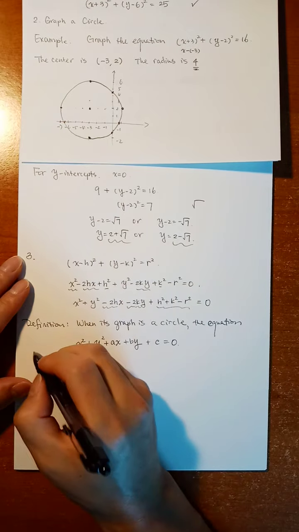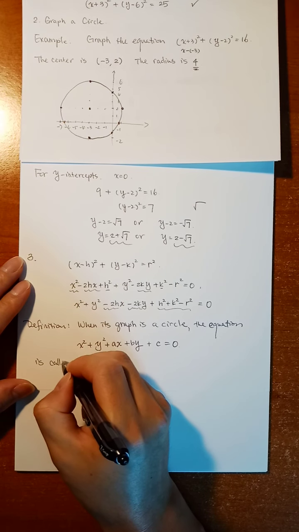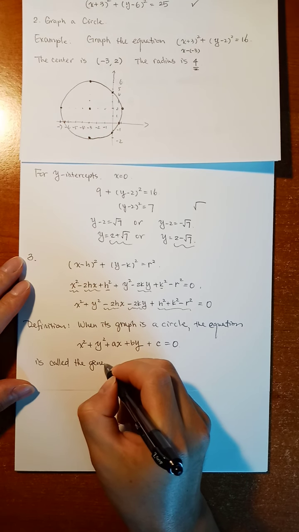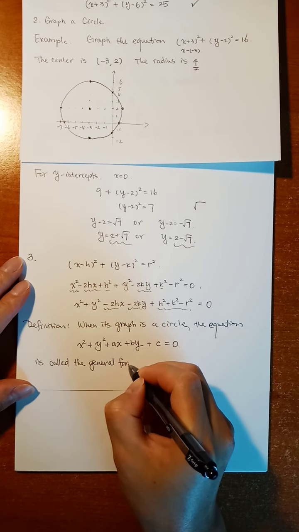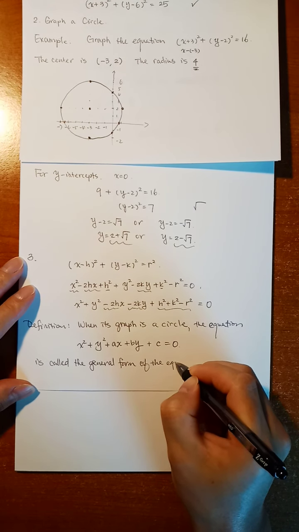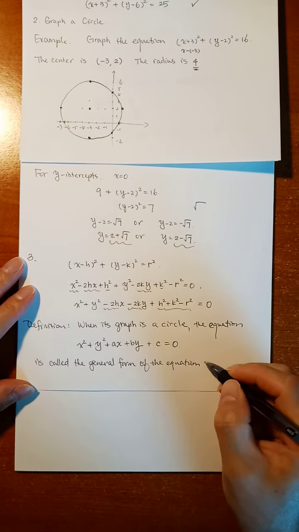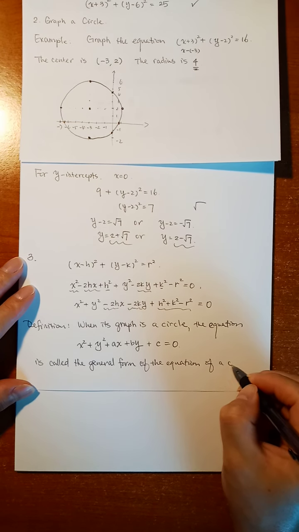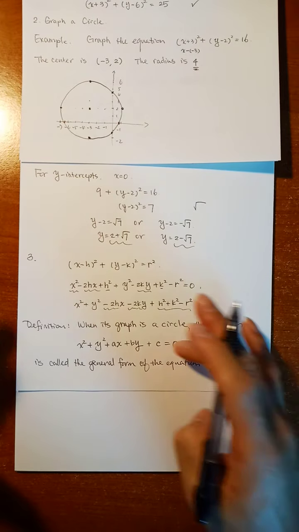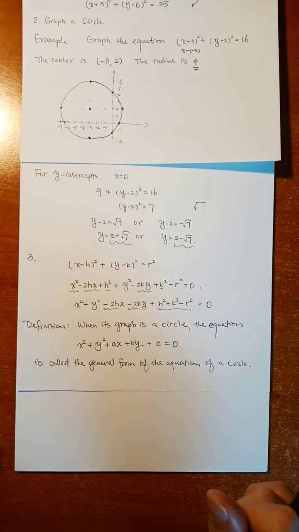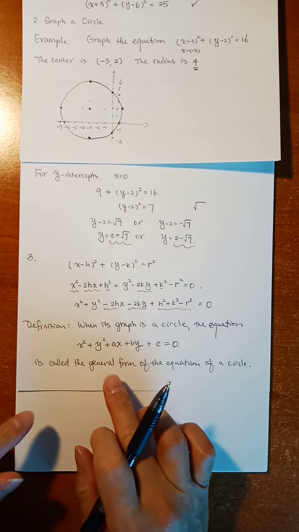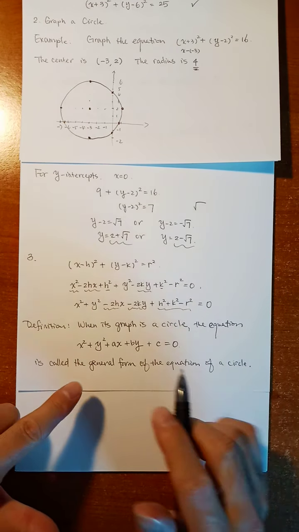This equation is called the general form of the equation of a circle. There are several reasons behind this definition why we call it the general form, but so far we don't have enough material to discuss, so we will not present those reasons.